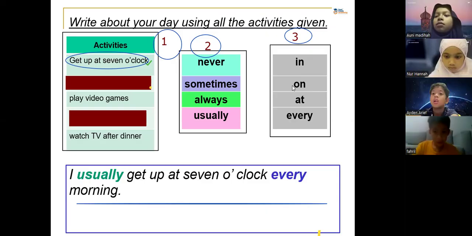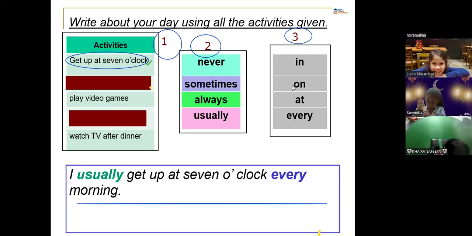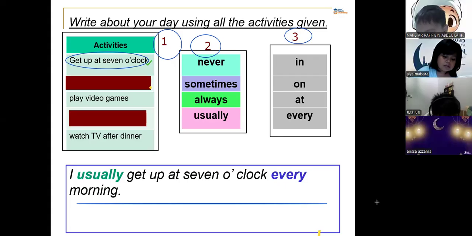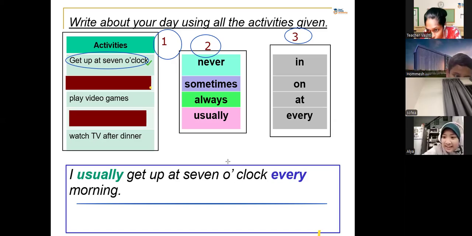Alia, can you turn on your mic? Alia? Alia apa? Alia sahaja. Alia lah. Alia tulis get up at 7 o'clock sometimes in every morning. Macam goreng kuih tiaw tau. Semua terbalik.